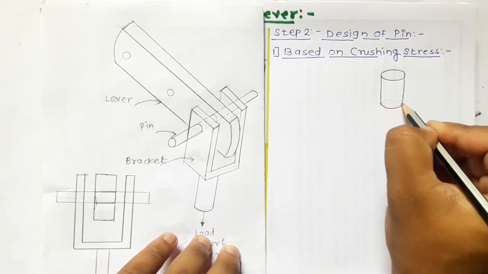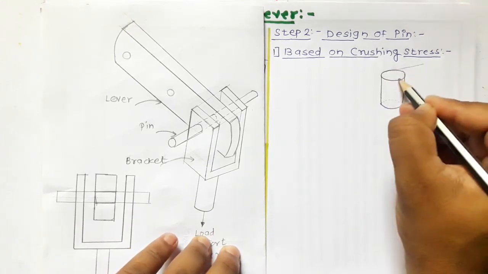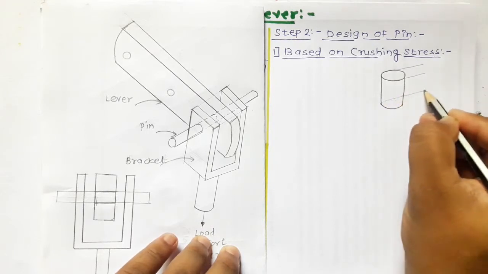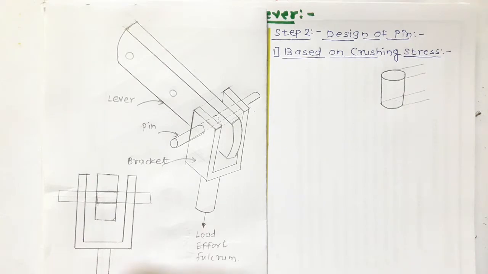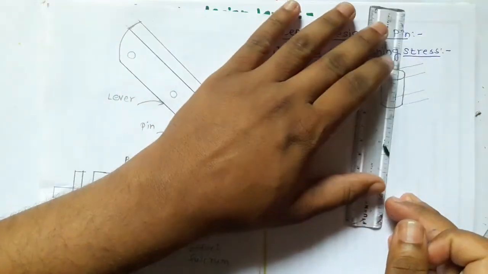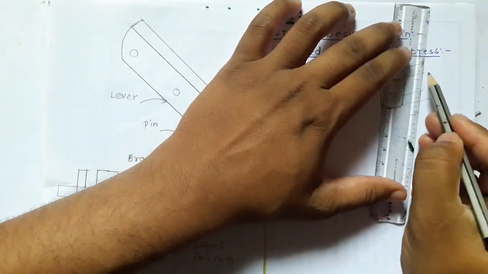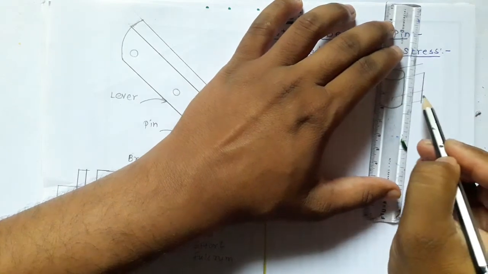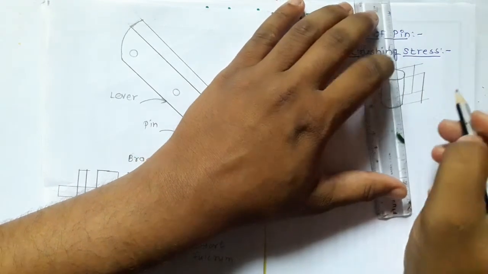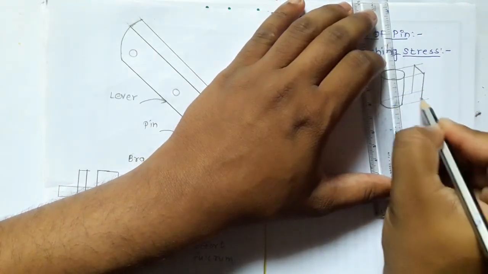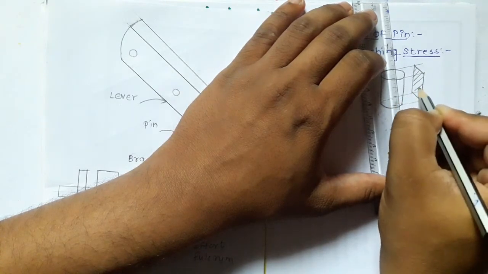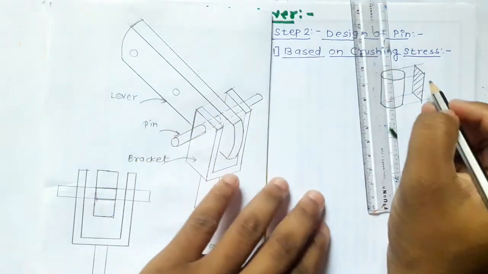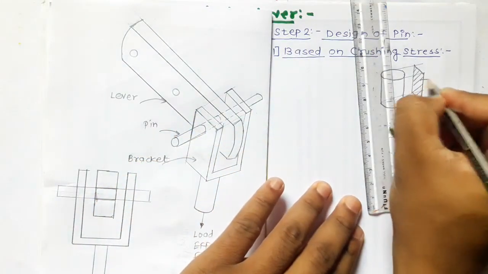So let us find this projected area. This is the area subjected to crushing stress.